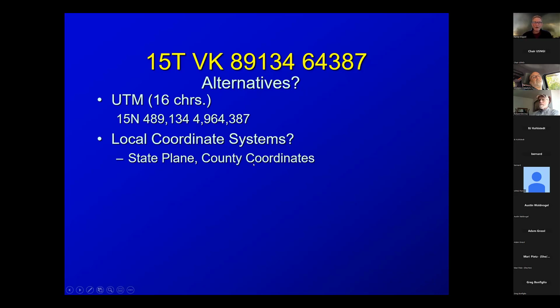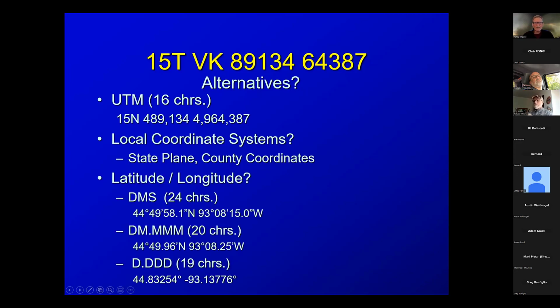But nobody else knows how to use Dakota County coordinate systems. Or if we're engaged in mutual aid across state lines, we need to make sure we're using the correct state plane coordinate system.